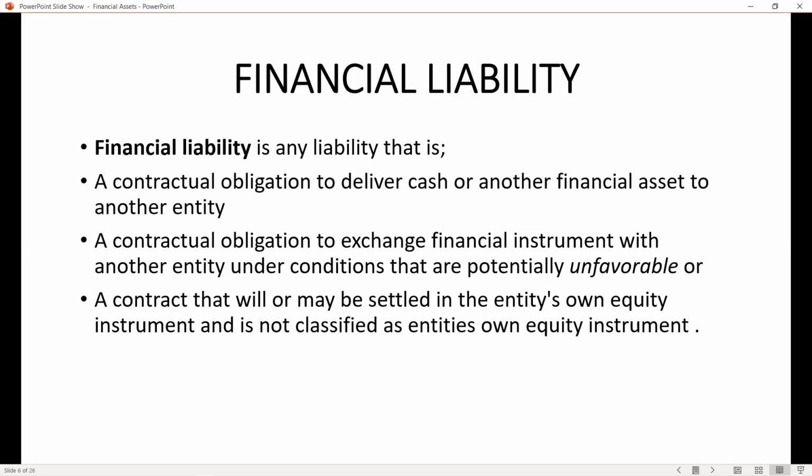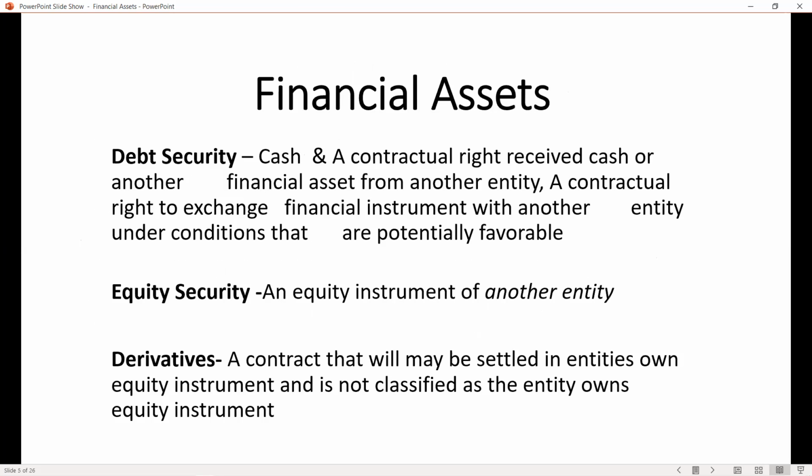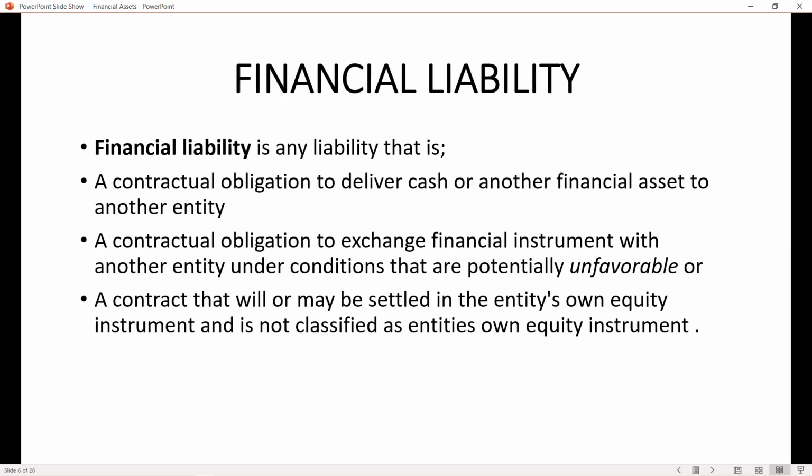So what was the reason for identifying financial assets from financial liabilities? It is because later, as part of our activities or quizzes in Intermediate Accounting 1, we are going to classify different line items on the statement of financial position.